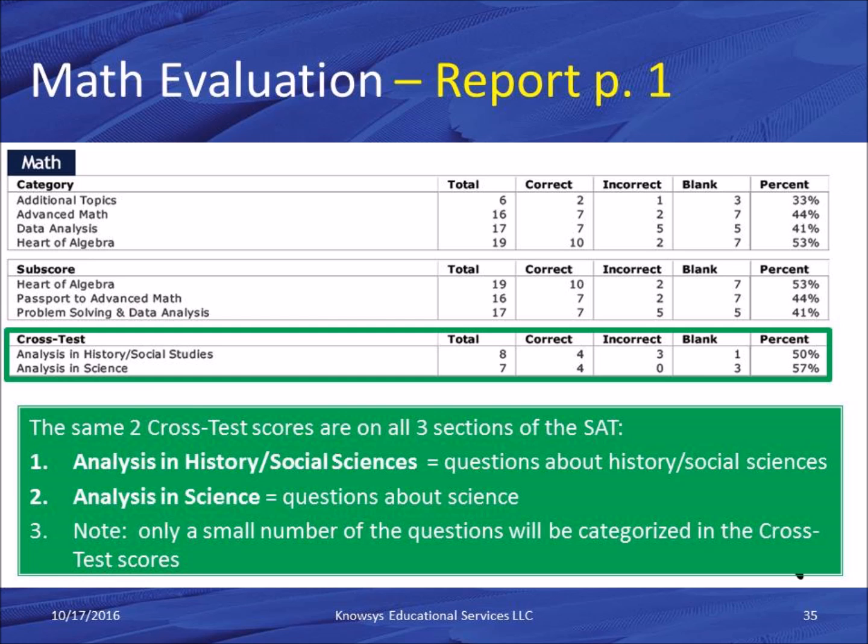What that means for math is that they will frame the math equation question in terms of a social sciences concept or something historical. Analysis in science, maybe they do something with exponents, but it's now dealing with atomic weights. So now it's science. All right, so those are the two cross-test scores that you're going to get. Only a small number of the questions across the exam will fall into these categories, but you will have them on every single SAT that you take.